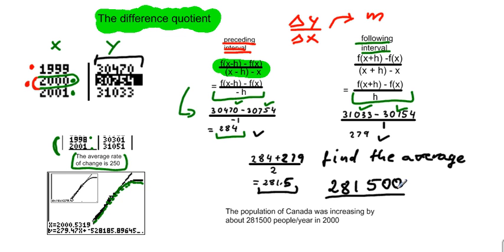So the population of Canada was increasing by about 281,500 people, and this is very close to the calculation that we have obtained using graphing calculator.